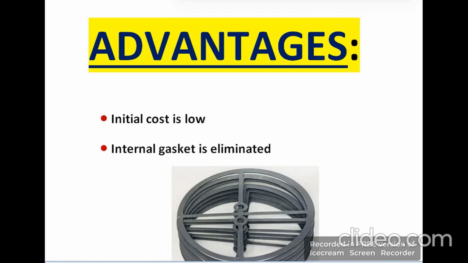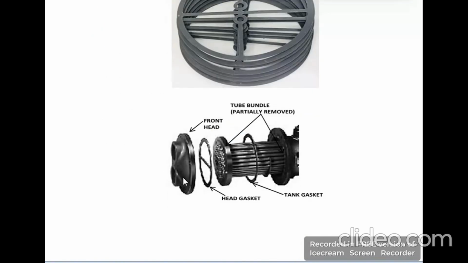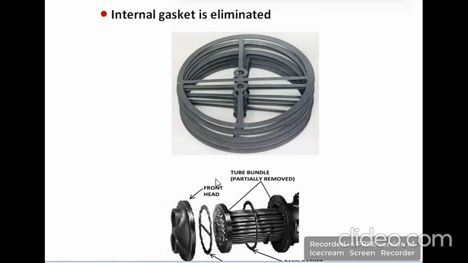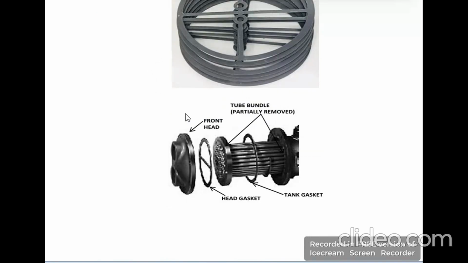Advantages of the U-tube heat exchanger. The first one is that the initial cost is low. The second one is that the internal gasket is eliminated. Here you can see where we fit these gaskets. In this heat exchanger, the internal gasket is eliminated. It means it is not required, as one side is free floating and not fixed in the tube sheet.